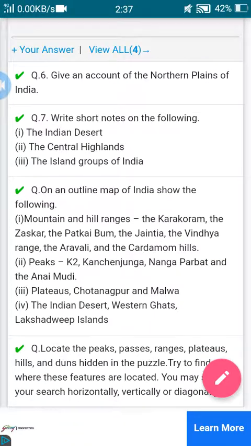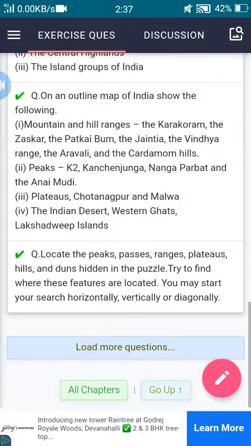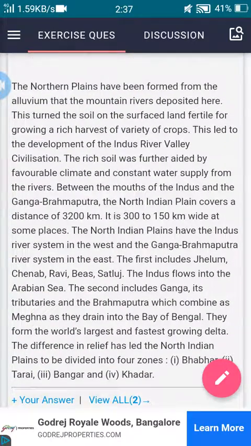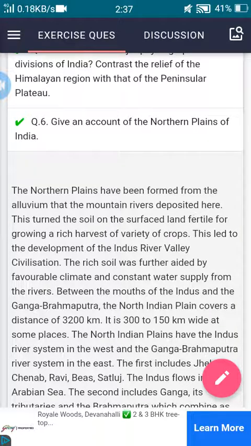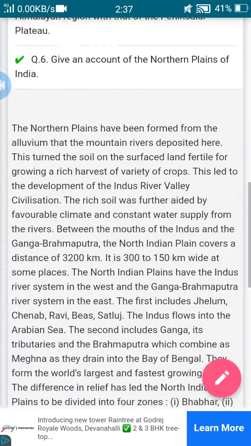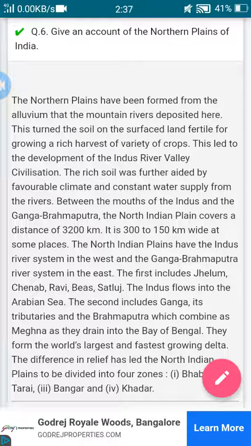The next question, give an account of the northern plains of India. The northern plains have been formed from the alluvium that mountains and rivers deposited here.